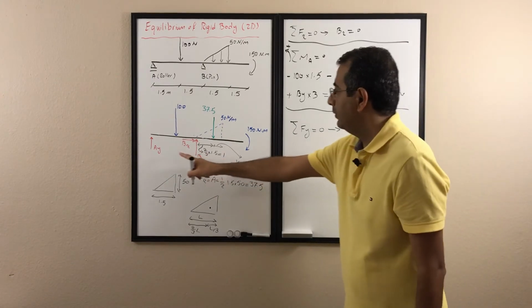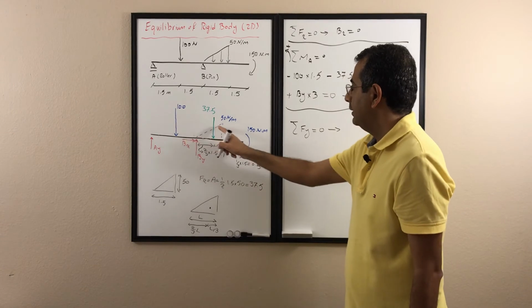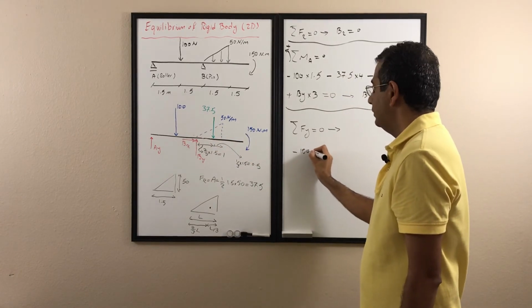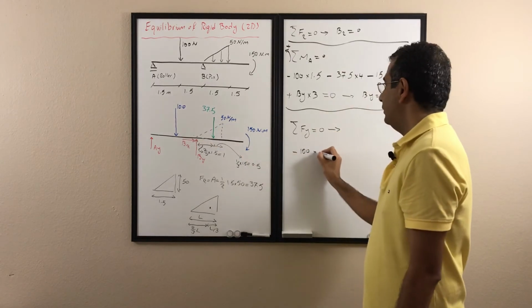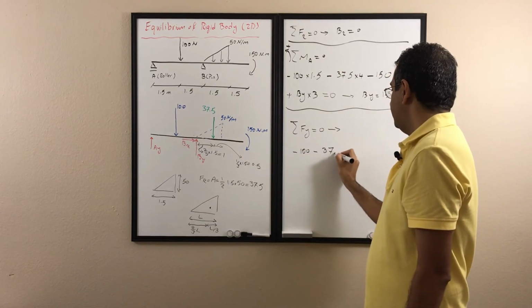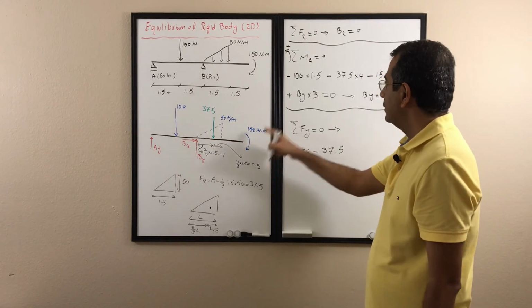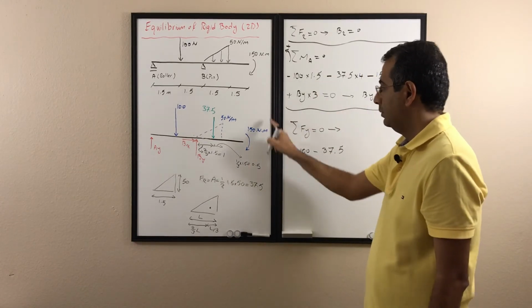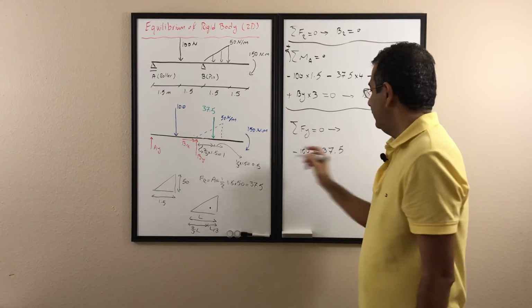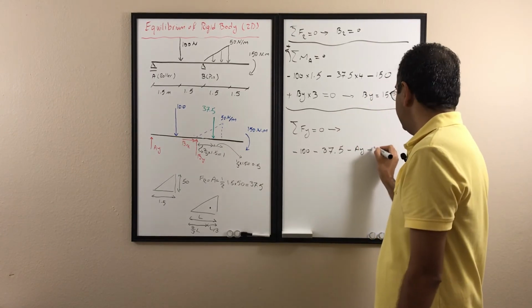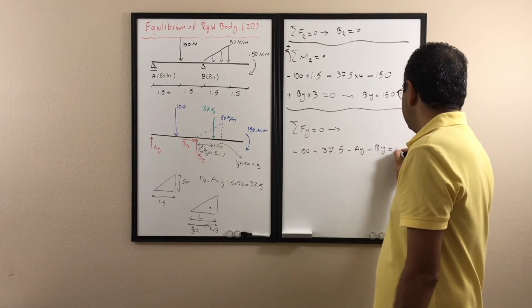So if I write sigma Fy is 0, first I write the external forces I have: the negative 100 here, and then negative 37.5 here. And remember, the moment is not going to show. The moment always shows in the moment equation, so we don't care about that. And then we have negative Ay because it's going upward, and then negative By, and it's going to be 0.